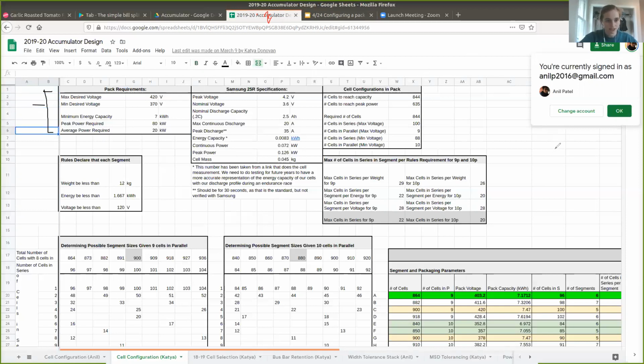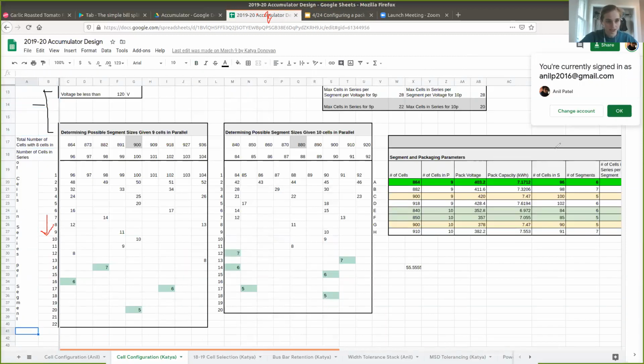And so down here, that's figuring out the number of cell segments and the number of cells in series to figure out how many segments we'll need. Basically in order, we have our 9 cells in parallel and our number of cells in series on the left, and it tells you the amount of segments you need.